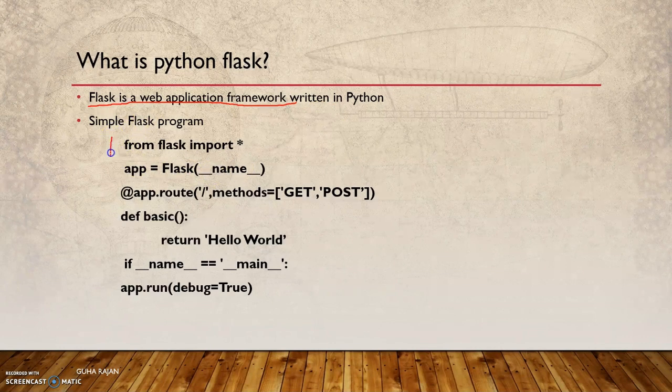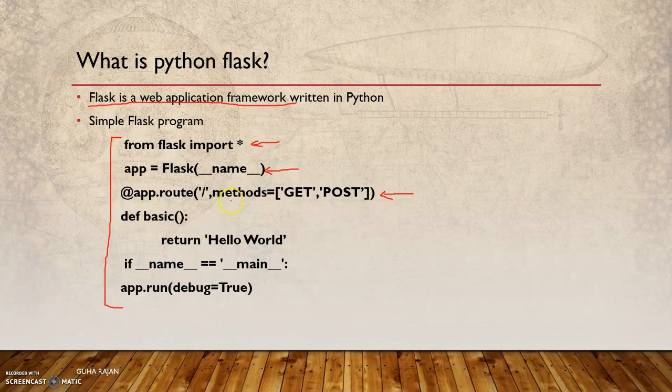Again, if you look at it, this is a simple Flask program. The first step is to import Flask from the library, as we usually do when we want to import something. That is the first command, and then we initialize Flask, and then this route function.